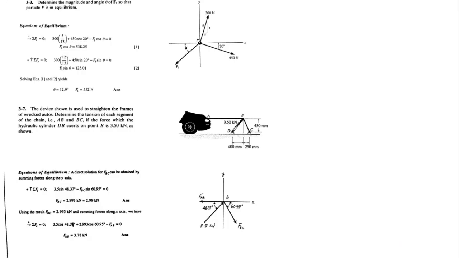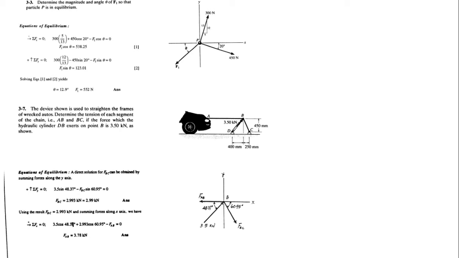Okay, we start another numerical. The device shown is used to straighten the frames of wrecked autos. Determine the tension of each segment of the chain, that is AB and BC, if the force which the hydraulic cylinder DB exerts on point B is 3.5 kilonewton as shown.